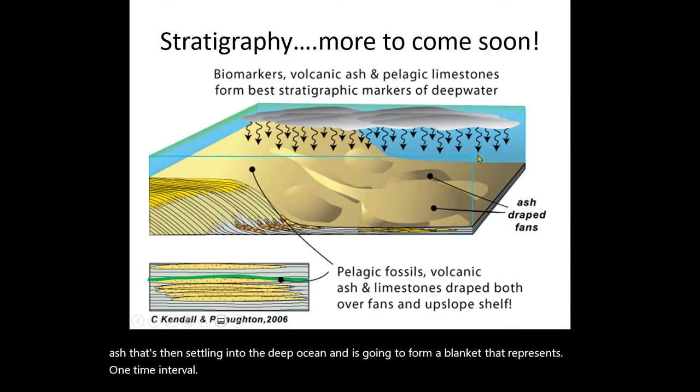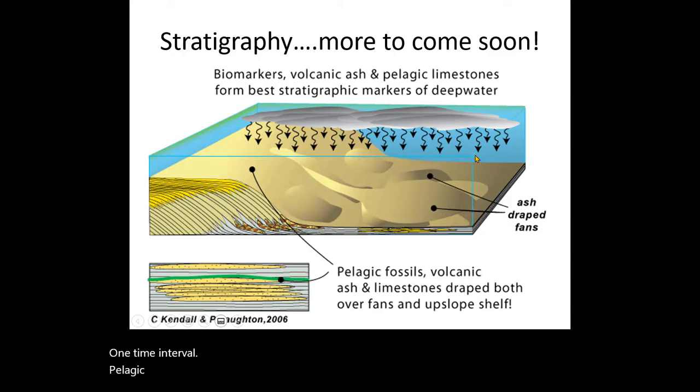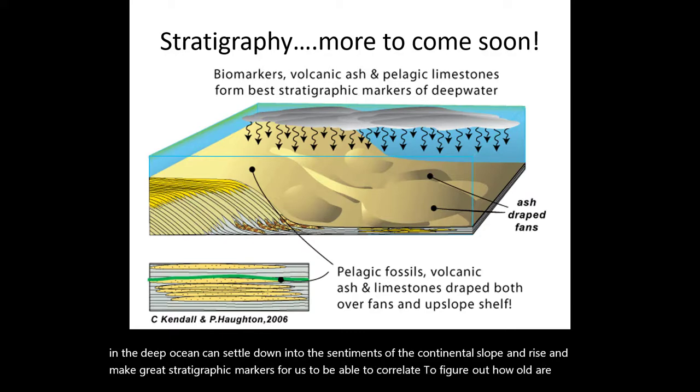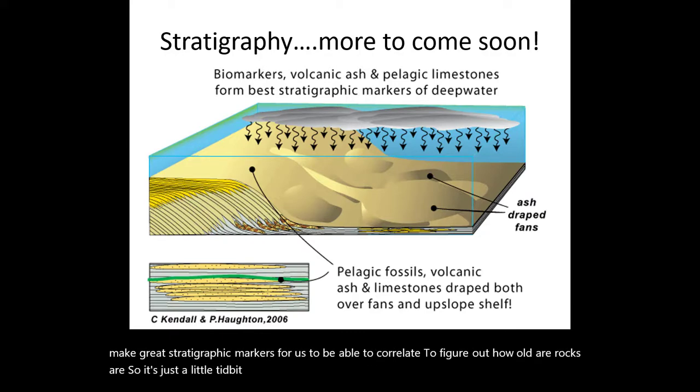Pelagic limestones, so things like foraminifera and other carbonate-based organisms that live in the deep ocean can settle down into the sediments of the continental slope and rise and make great stratigraphic markers for us to be able to correlate to figure out how old our rocks are. So this is just a little tidbit for you to start to think about how we can figure out which rocks were deposited at the same time and what mechanisms we might use to do that with.